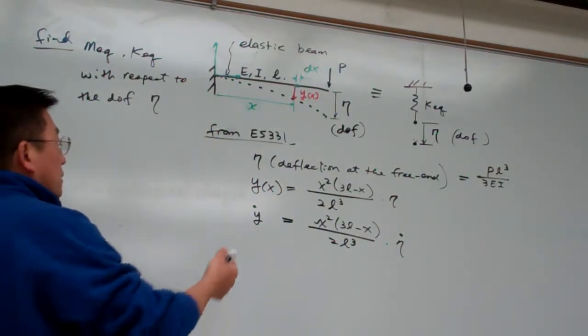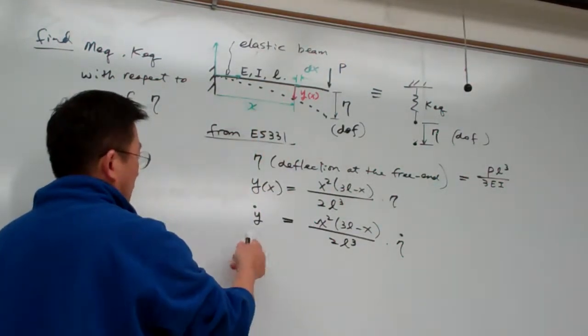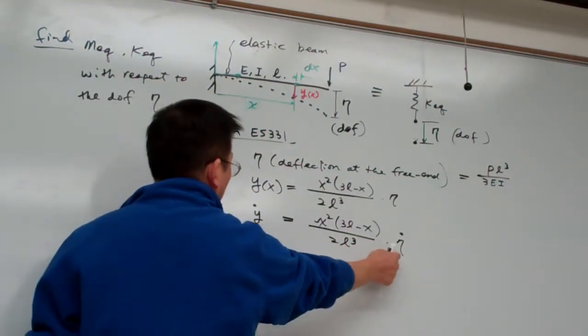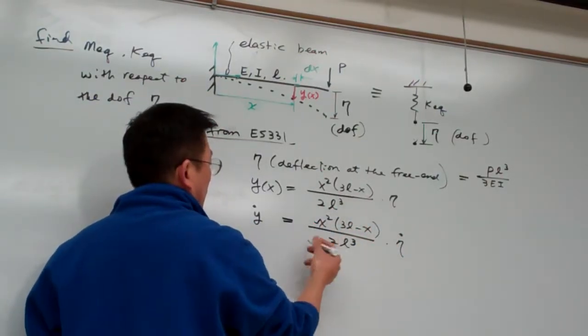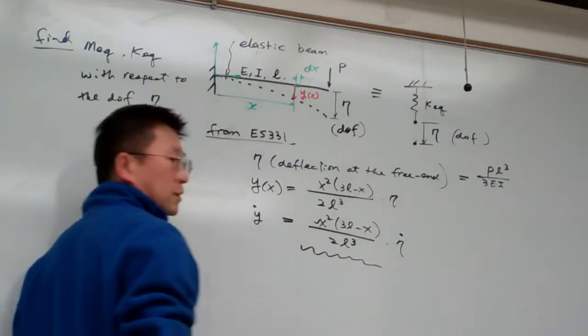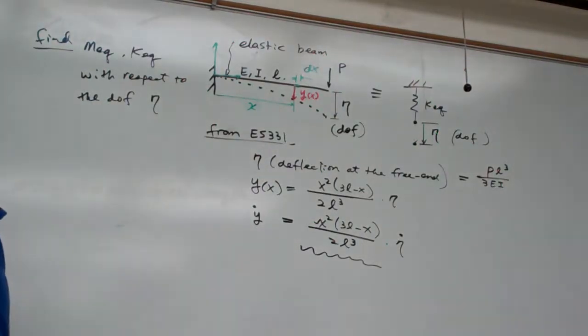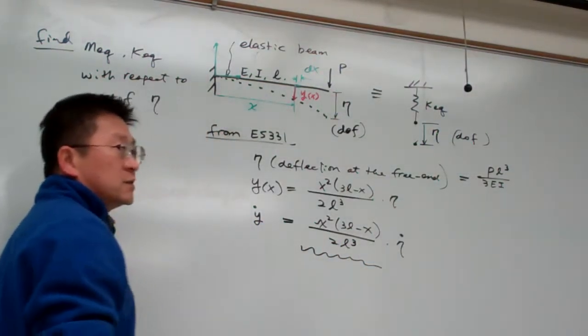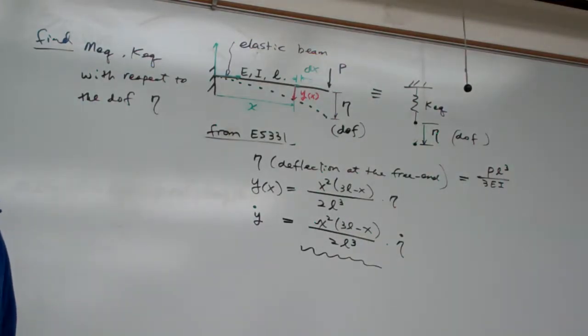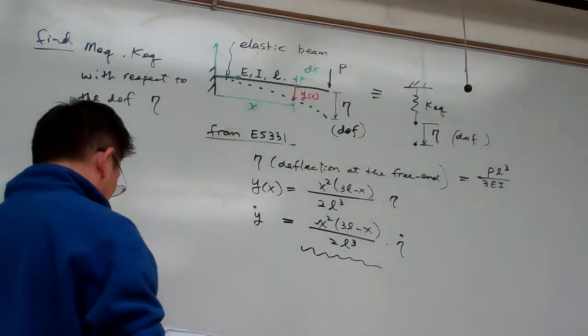For the displacement of the beam as a function, we simply take the dot on the time-dependent parameter, because everything else in this term is time independent. If we take the time derivative, it applies only to this term. This is a little bit of new information beyond ES331, and we are going to use it.